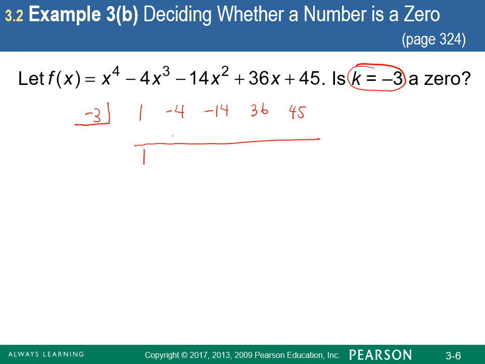Add, multiply, add, multiply, add, multiply, add, and multiply. And add. Now this is what I said in the previous problem. Since this number is a 0, our answer is yes.